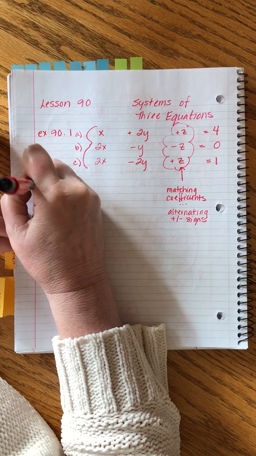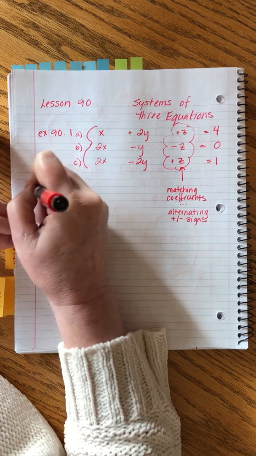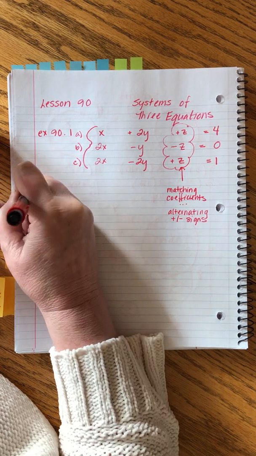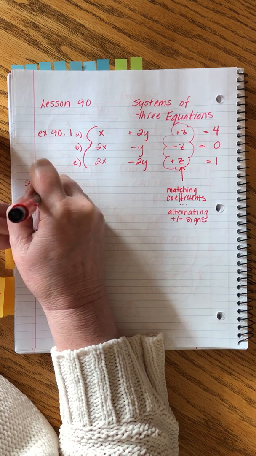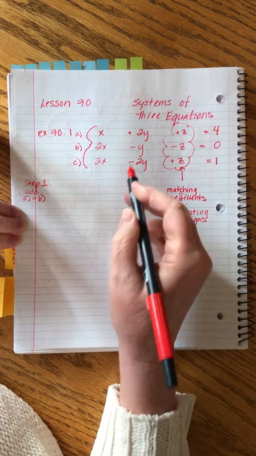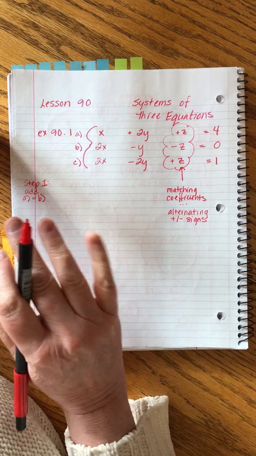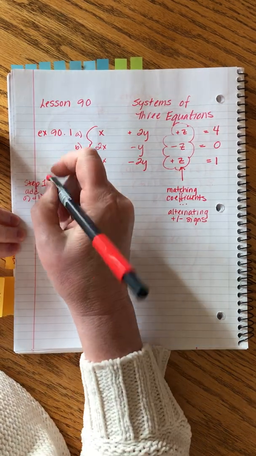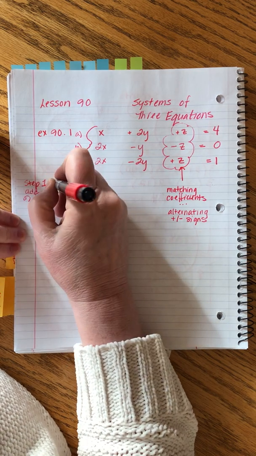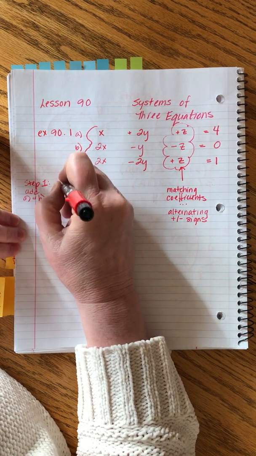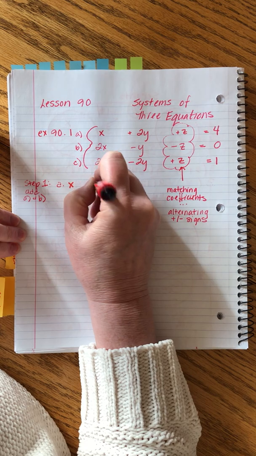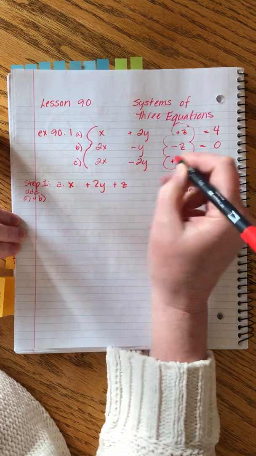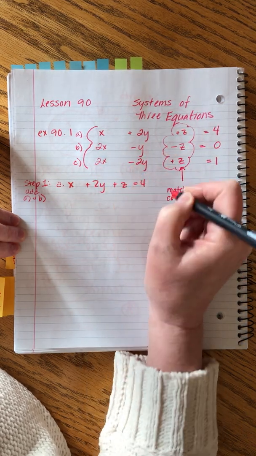Here's the way that we do it. Step 1. We're going to add A and B. Okay, I'm going to copy them over. When you're doing the homework, you can take some shortcut steps, but I'm going to be super show it all. X plus 2y plus z, remember that's my z, equals 4.